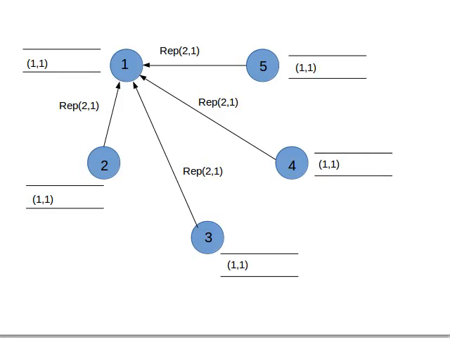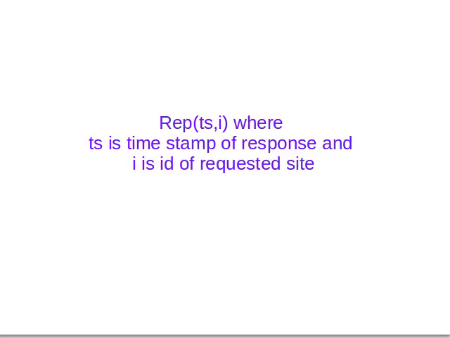The main thing is that the timestamp of the reply has to be greater than the timestamp of the request message, because we are not sending the reply before the request has arrived. So it should be guaranteed that the reply message has a higher timestamp than the requesting message.